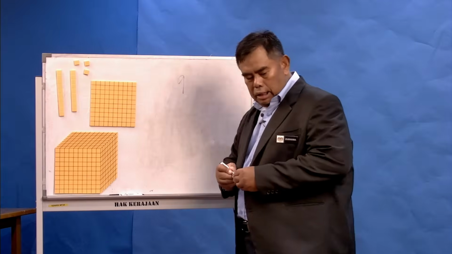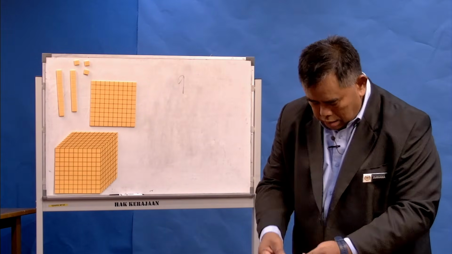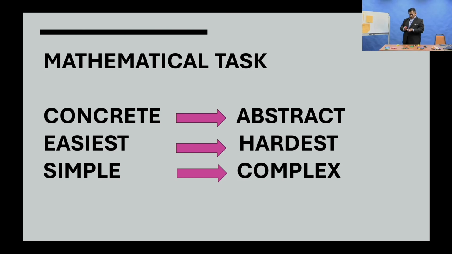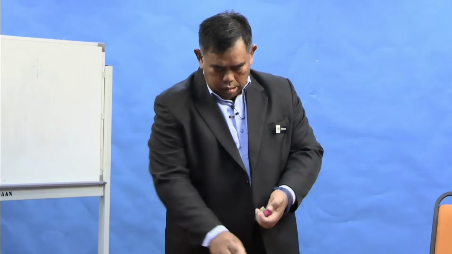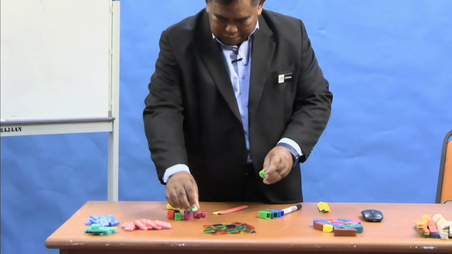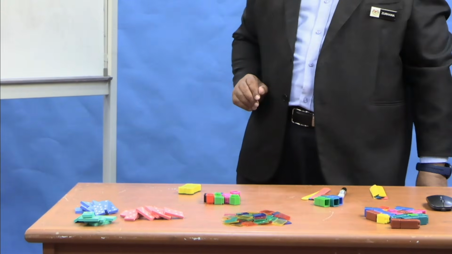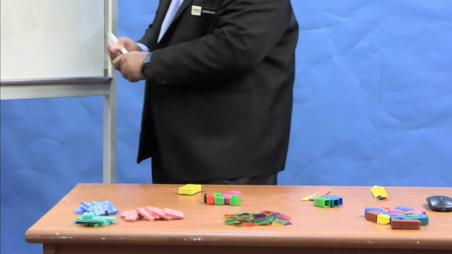I use 9 Lego, like this. What is the meaning of the 9? 1, 2, 3, 4, 5, 6, 7, 8, 9. I have 9.